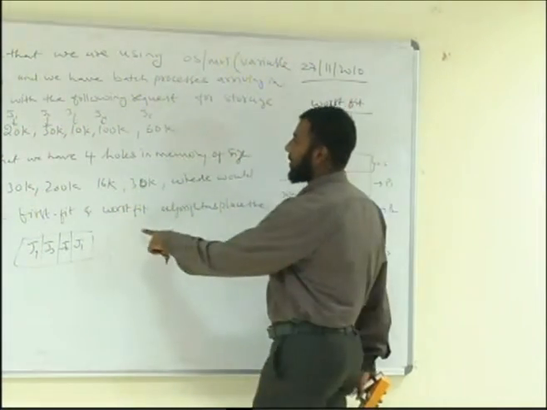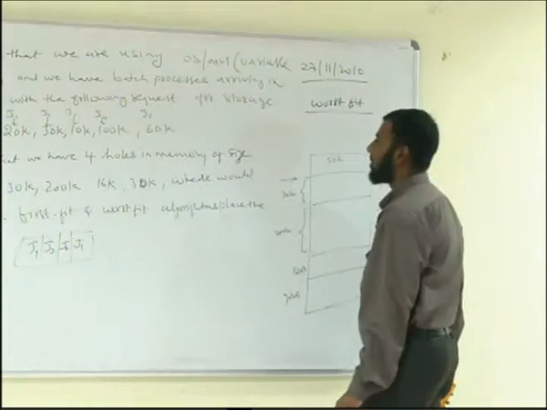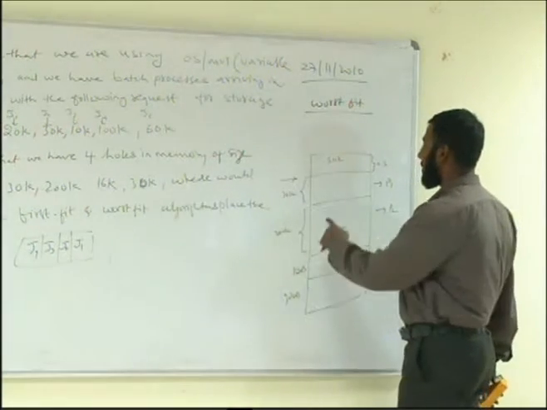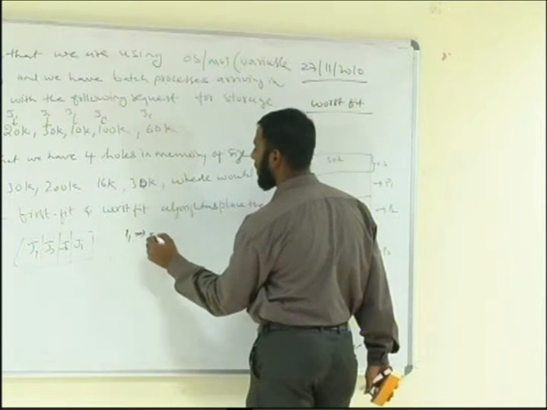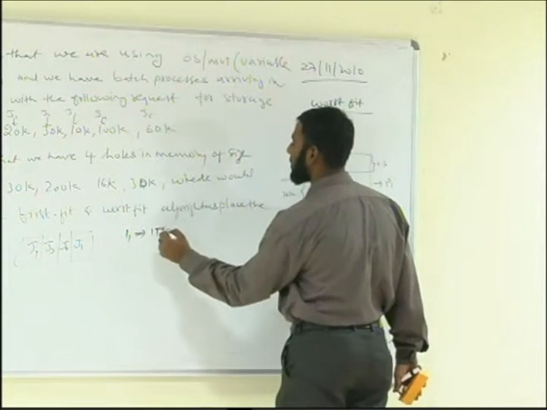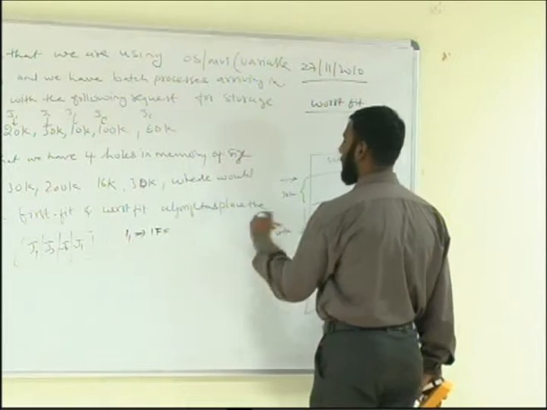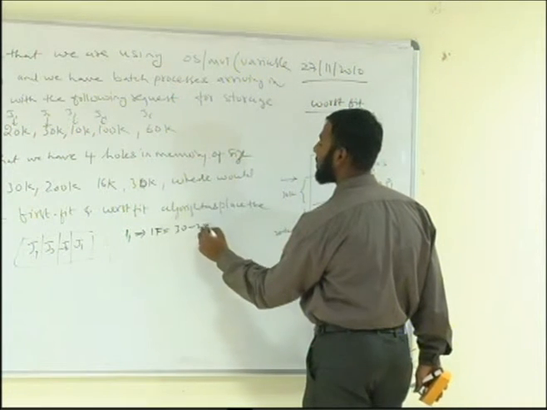When the 20 kilobyte job comes, it will see what the internal fragmentation for partition P1 would be if allocated. That is 30 minus 20, which is 10.